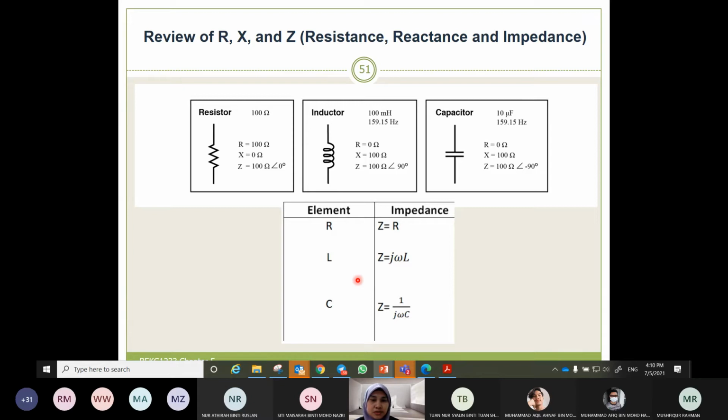So for inductor, the impedance of inductance is equal to J omega L. Omega is equal to 2 pi F. Have you learned this? Have you learned this during your diploma or matriculation? Okay, good.